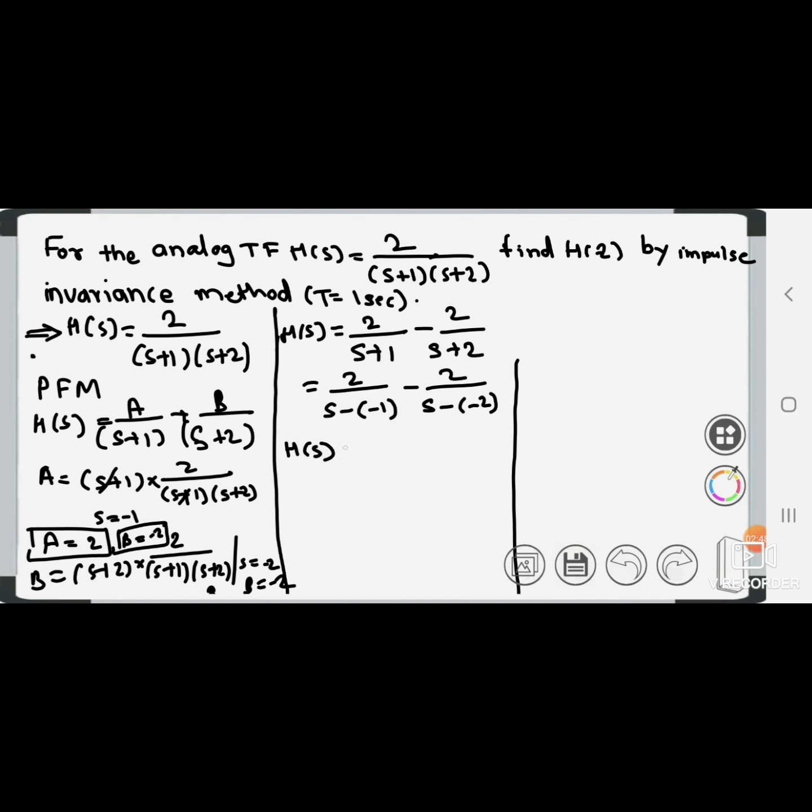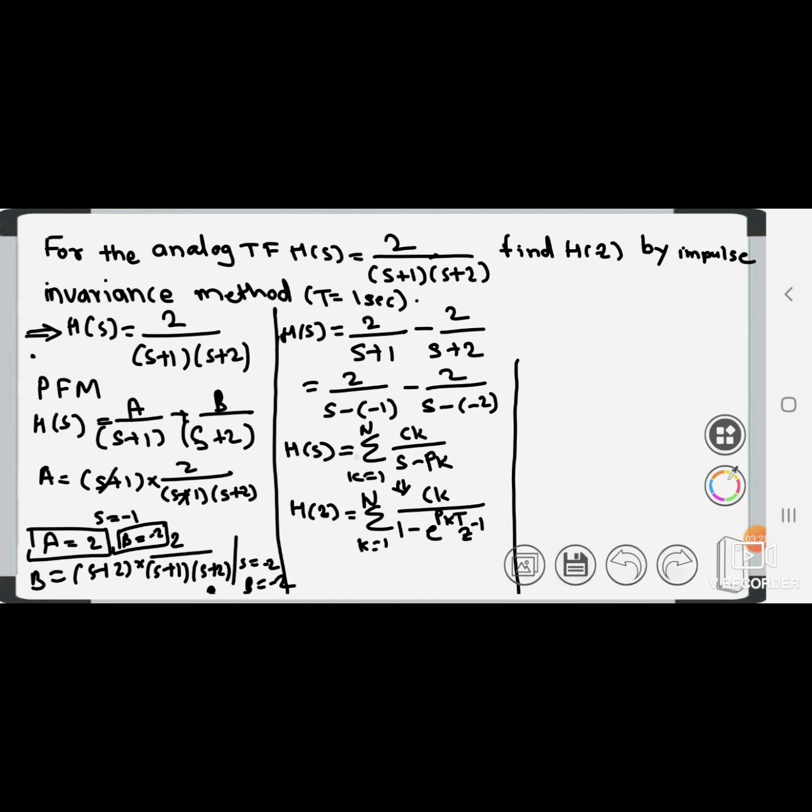By impulse invariance, we know that H(s) is equal to the summation over k = 1 to N of Ck / (s - pk). That means if we have H(s) like Ck upon (s - pk), that is some constant divided by s minus pole, then we can convert this into H(z) directly: H(z) equals the summation over k = 1 to N of Ck upon (1 - e^(pk T) z^-1).